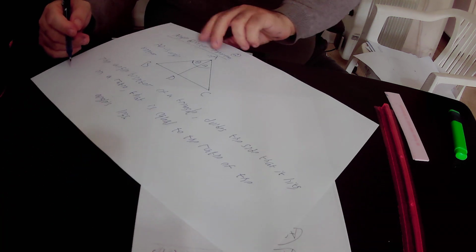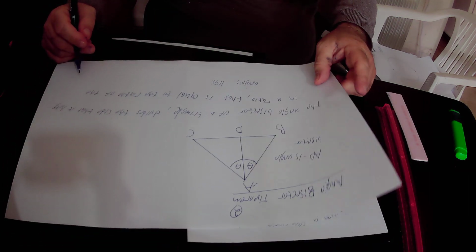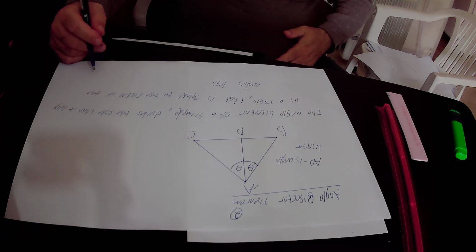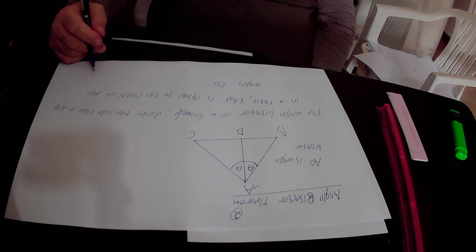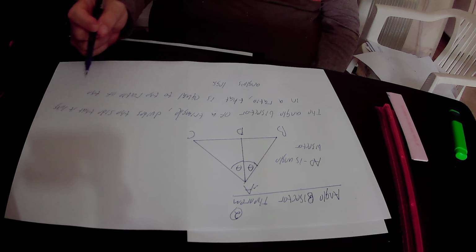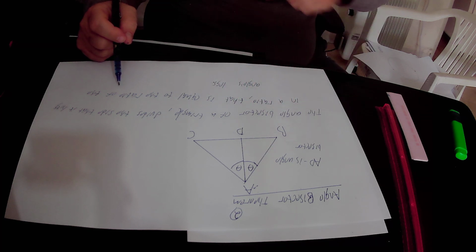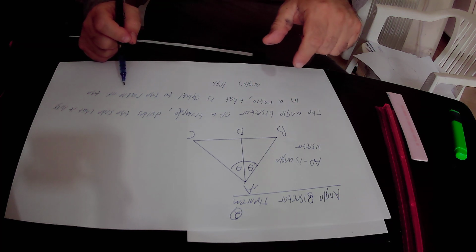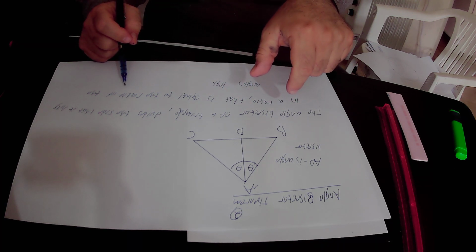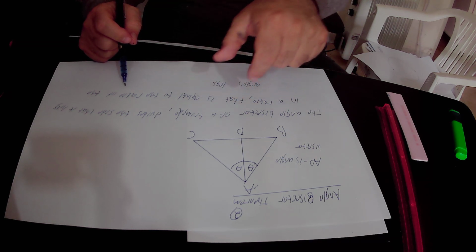So here, actually, we are talking about the angle bisector AD, and according to the angle bisector theorem, the angle bisector AD divides the side that it hits. Angle bisector AD hits side BC, and it divides it into two parts. The first part is BD, and the second part is DC.